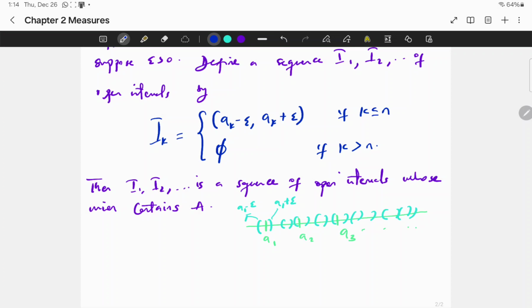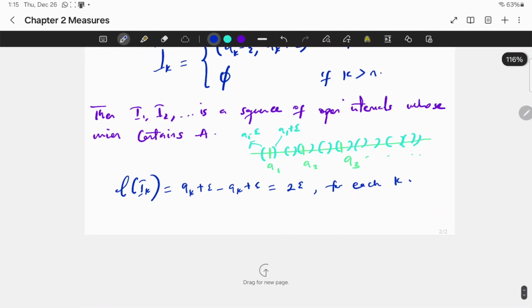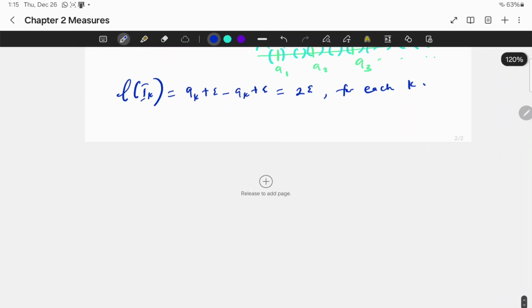So obviously, let's first calculate the length of IK. That will just be AK plus epsilon minus (AK minus epsilon), and that equals 2 epsilon, for each k, and then we have n numbers of k.